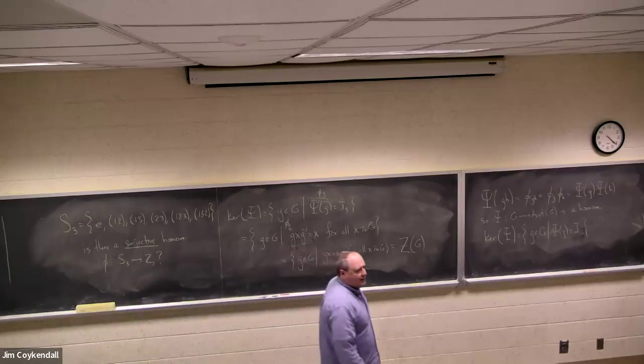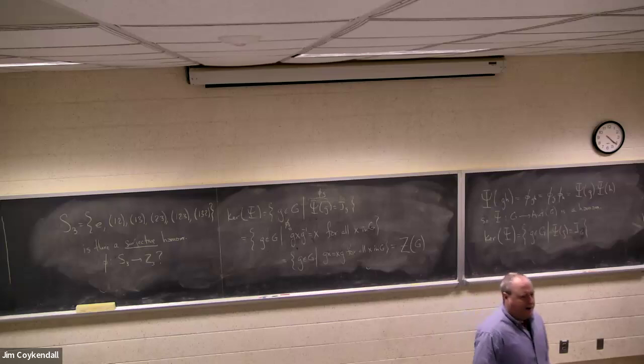I might as well not ask the question without any modifiers, because there's certainly a homomorphism from S3 to Z3. In fact, there's a homomorphism from any group to another group just by taking everything in the domain to the identity, right? But it's super boring. The question is, can we cover Z3?